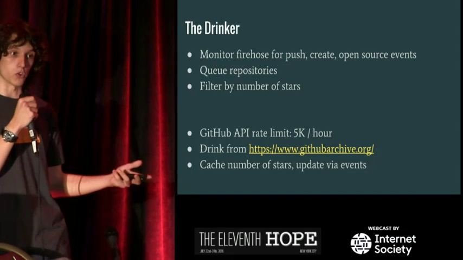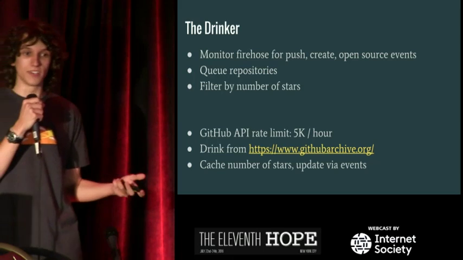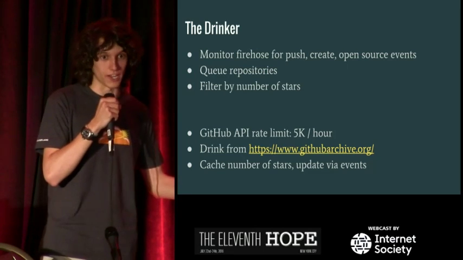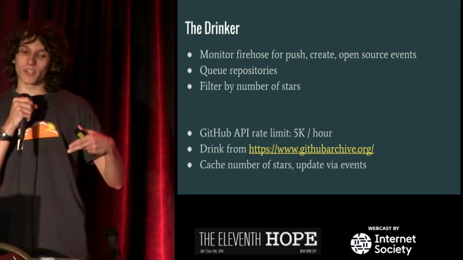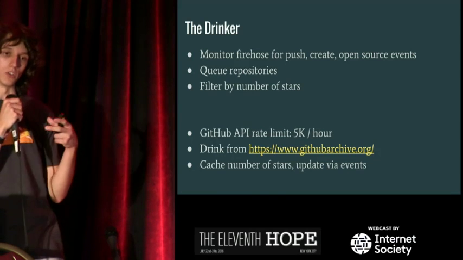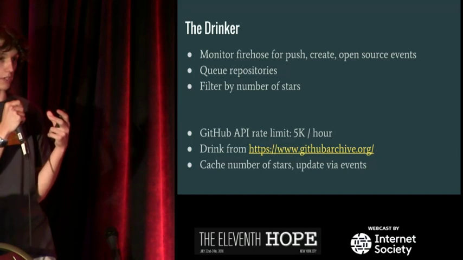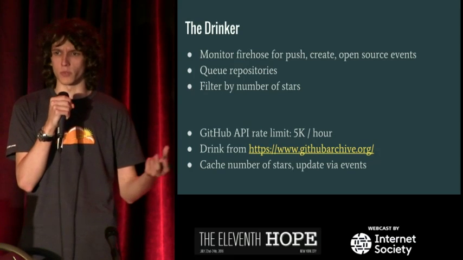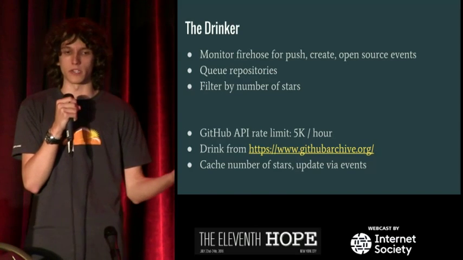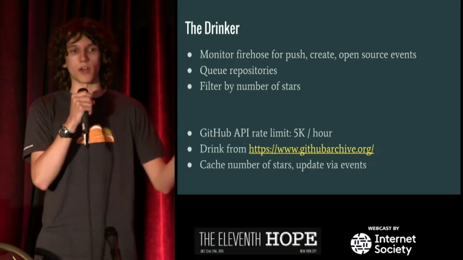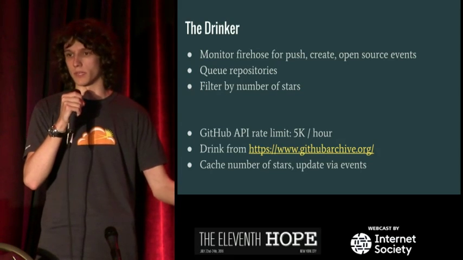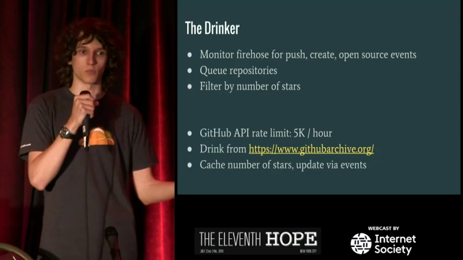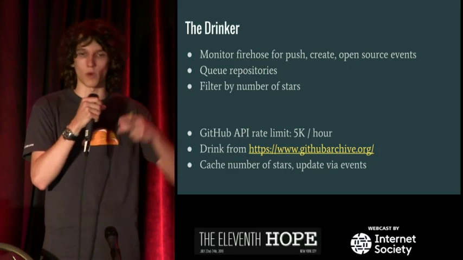Thankfully, there is this project called the GitHub Archive, not to be confused with the code archive, which bundles all the output of the GitHub Firehose into nice tarballs, which are published with a delay of barely 5 minutes. So at 5 minutes past the hour, a new tarball becomes available on the GitHub Archive website, compressed and wrapped.